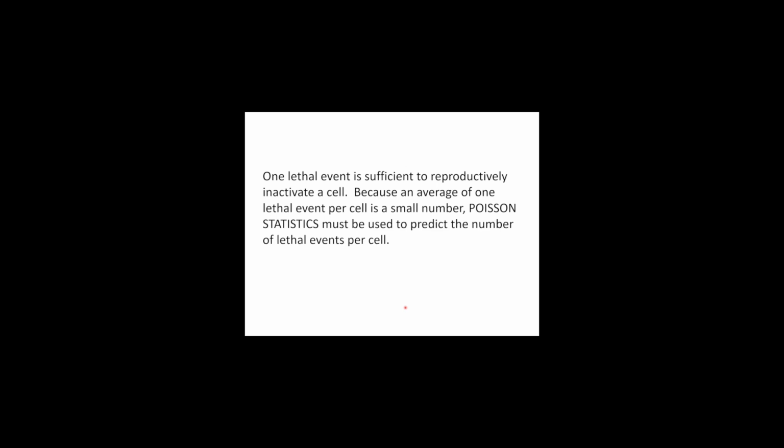probability of tumor cure. So we know that one lethal event is enough to cause the cell to have reproductive killing, where it cannot reproduce anymore. But the average of one lethal event per cell is really a pretty small number. So we use Poisson statistics to predict what number of lethal events there are per cell.